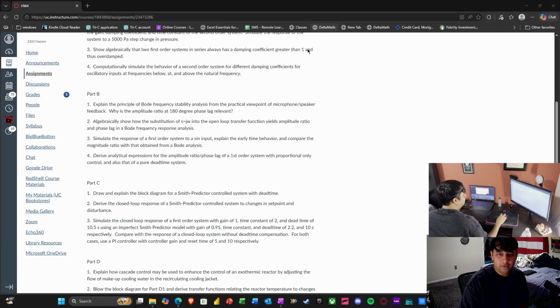So now what we're going to do is derive the analytical expression for the amplitude ratio and phase lag of a first order system with a proportional only controller and with a pure dead time system.